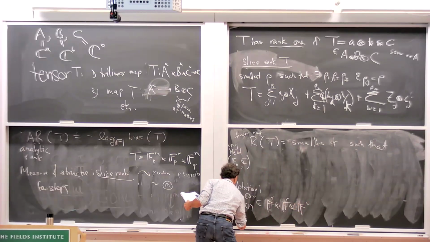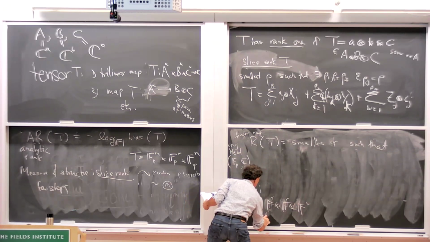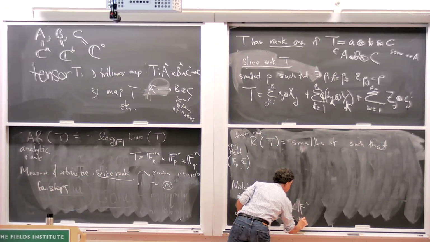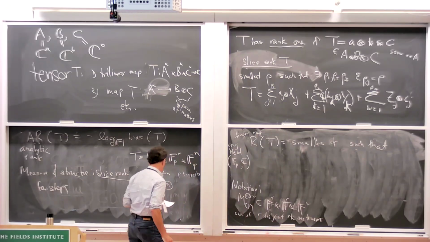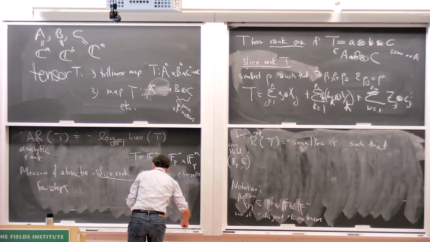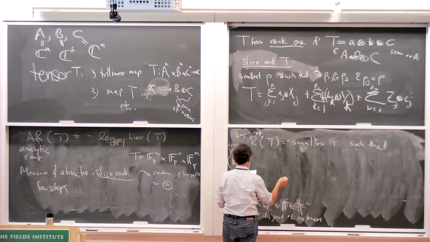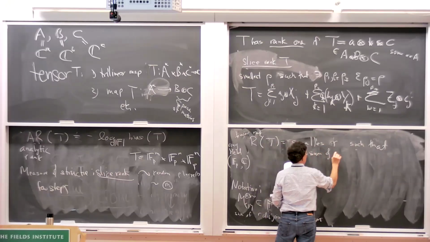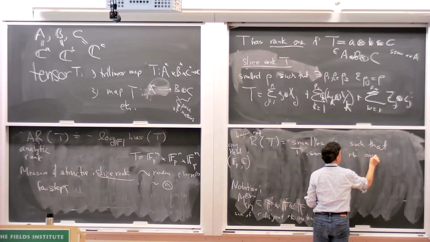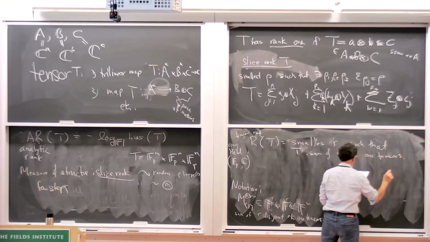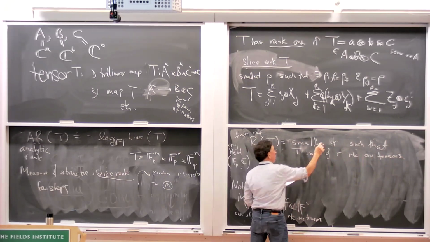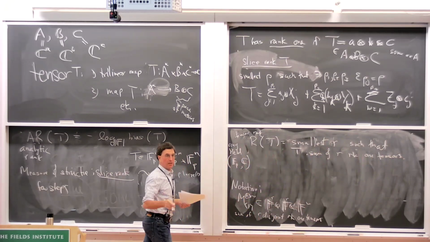So this is the sum of R disjoint rank 1 tensors. And the cost, yeah, smallest r such that T is a sum of R rank 1 tensors, not necessarily disjoint, but this is bad from the point of view of algebraic geometry because it's not, question?